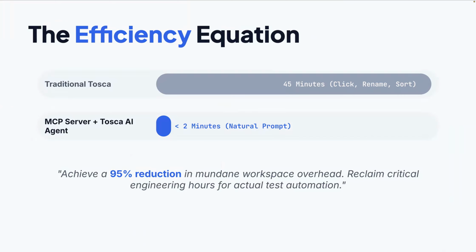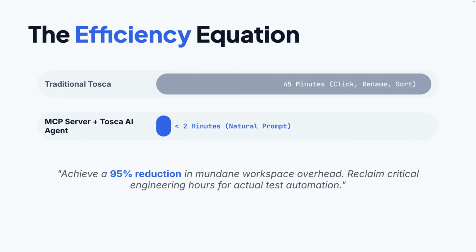So moving on to the efficiency of the Tosca MCP server. Now, when we look at the metrics using the traditional Tosca Commander or Tosca Cloud, building test cases, auditing them, updating them, standardizing the steps, renaming them or mapping them to modules typically takes hours for a particular automation tester.